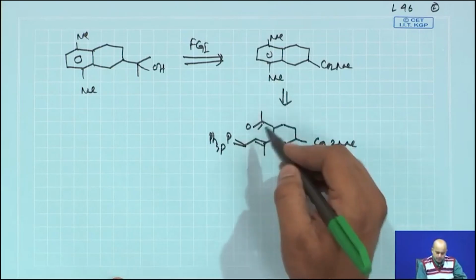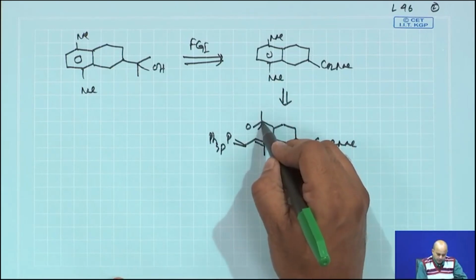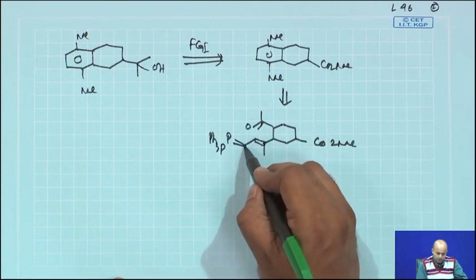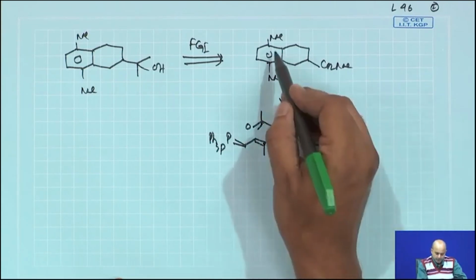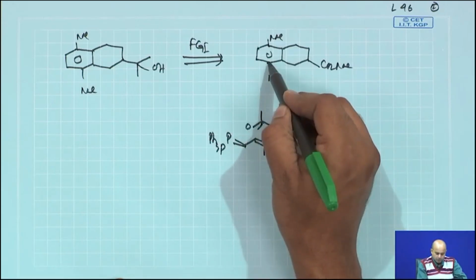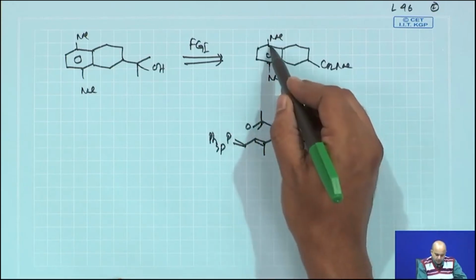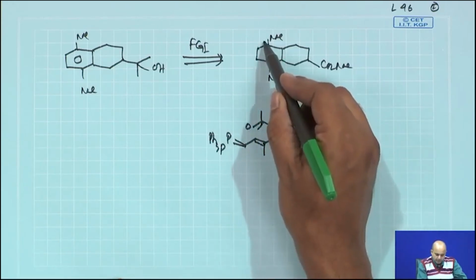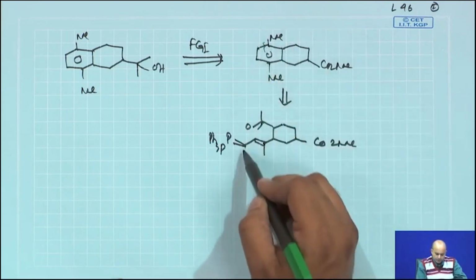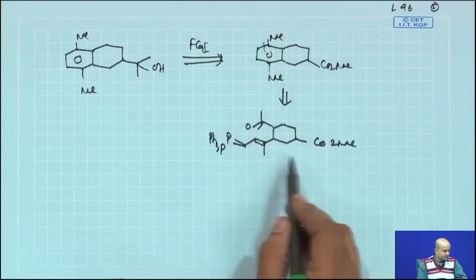Now, you need to make a C6 unit. So this is 1, 2, 3, 4, so you need a 4 carbon unit, 1, 2, 3, 4. So you have this particular structure, and this disconnection we can do, and then we do an intramolecular Wittig reaction.